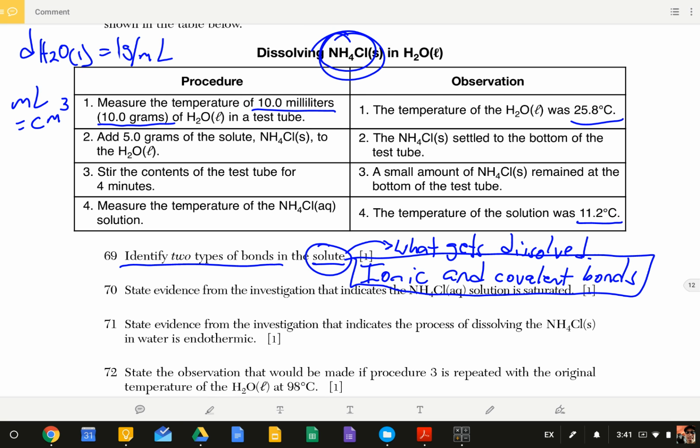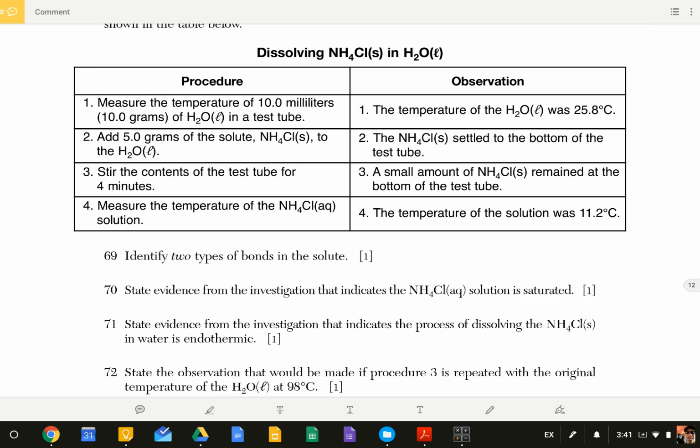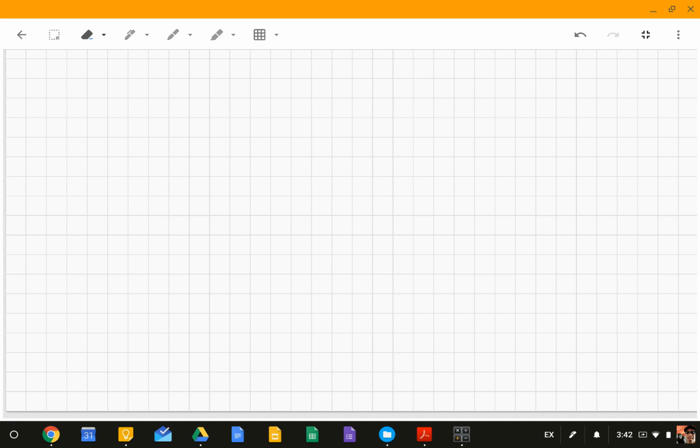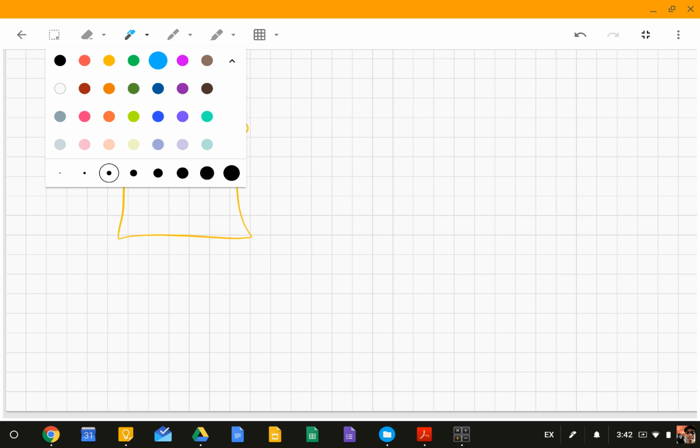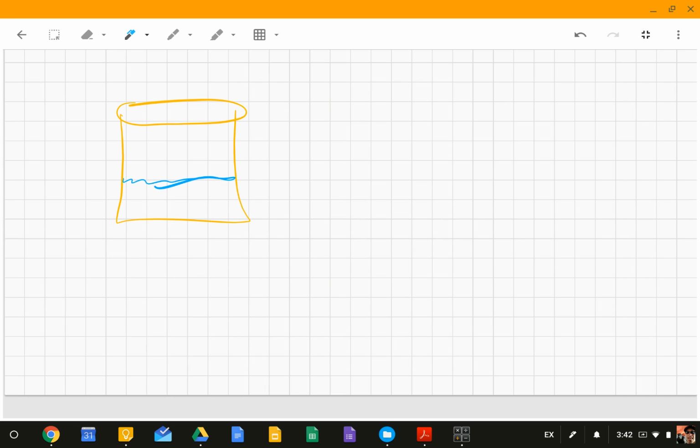Next question, 70. State evidence from the investigation that indicates that the ammonium chloride NH4Cl aqueous solution is saturated. Okay. So let's think about a few things that you might see at home when you're making a mixture. So let's say you have a container with a certain amount of water and you want to dissolve some solute in there.